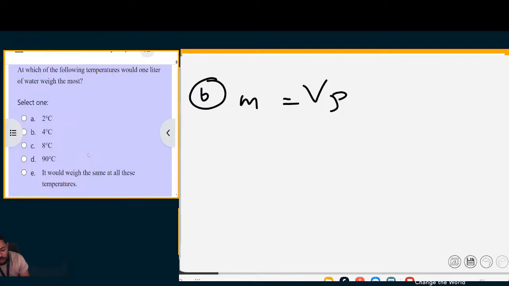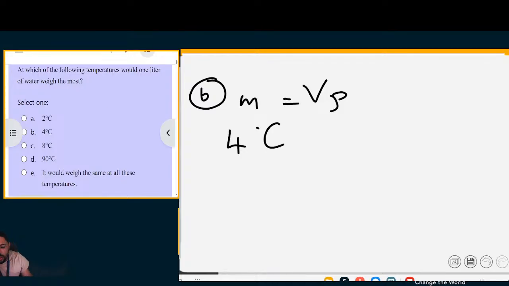The density of water is the highest at 4 degrees Celsius. It's another one of the wonderful properties of water. Its density is the highest at 4 degrees Celsius, which means its mass would be the most at 4 degrees Celsius, which continues to mean that its weight will therefore be the most at 4 degrees Celsius.